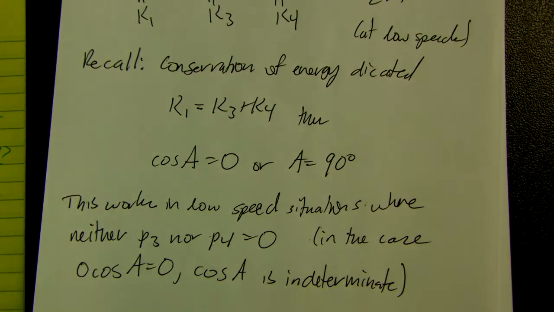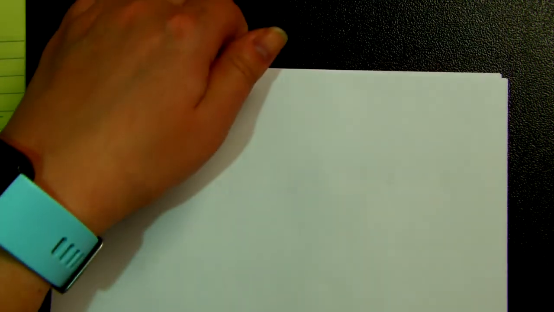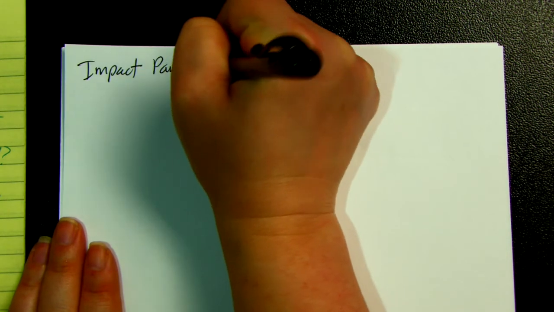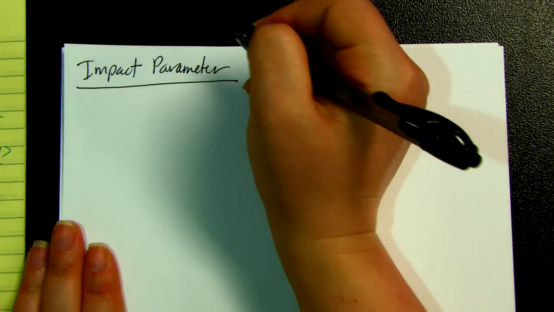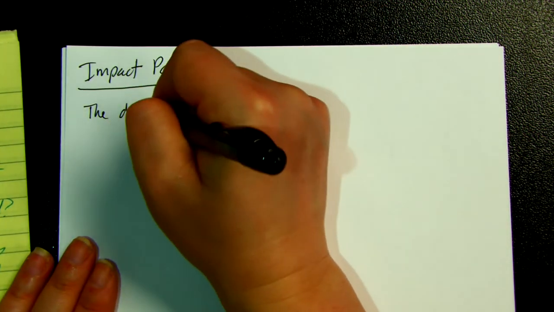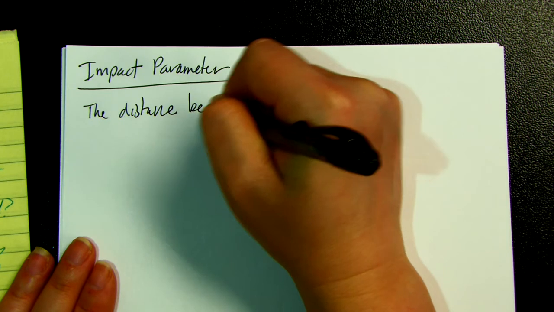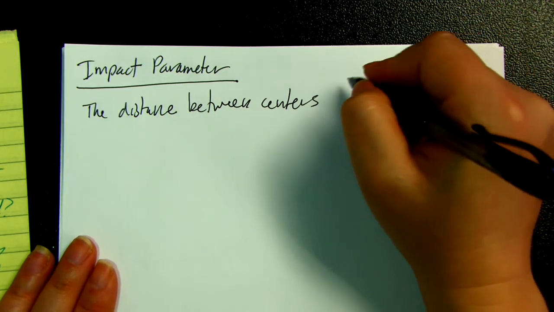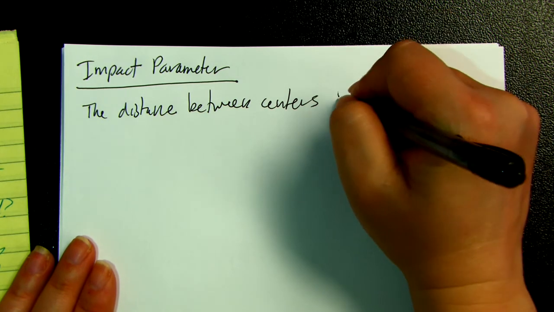All right, which leads me to a nice little discussion on impact parameter. Pow, pow, pow. So, the distance between centers perpendicular to velocity.